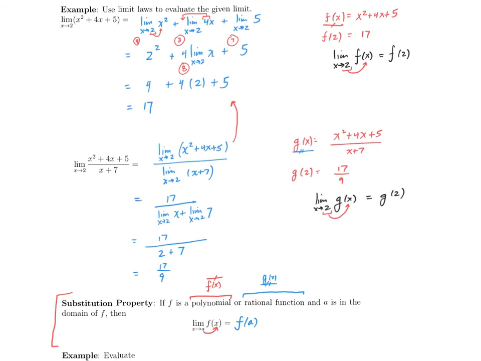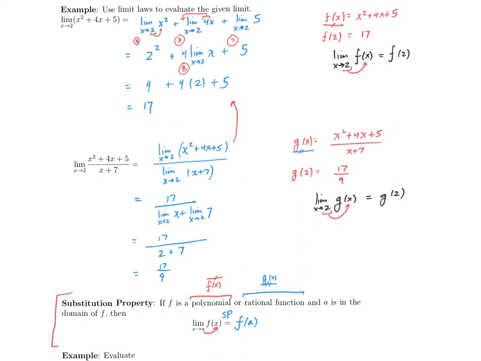So whenever you apply that substitution property, and we'll practice it in upcoming videos, we're always going to justify it by putting a little SP over that equal sign. So that SP indicates to me that you've thought about the substitution property. And once again, you can do this as long as you have a polynomial or a rational function, and this a, where you're taking the limit, is in the domain.